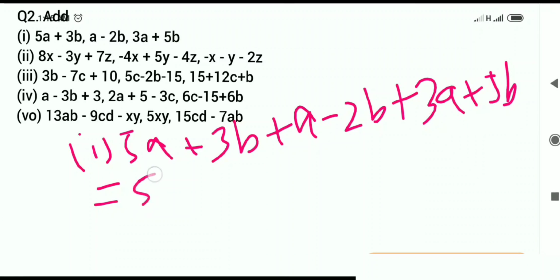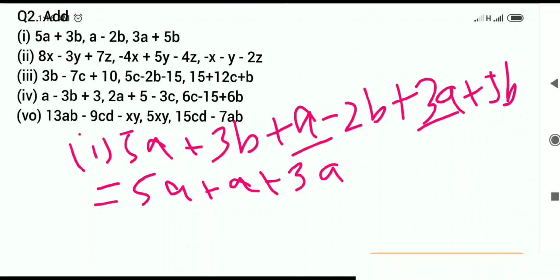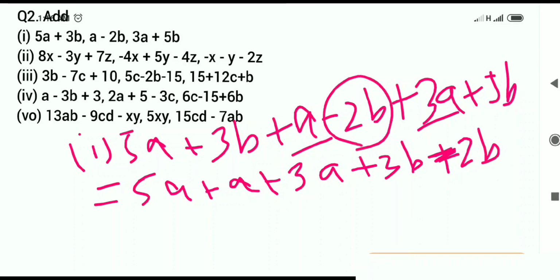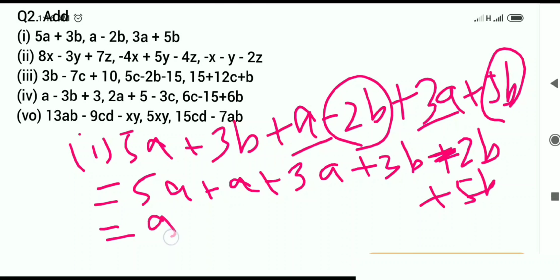This is equal to 5a plus a plus 3a plus 3b plus minus 2b plus 5b, which is equal to 5a plus a is 6a, 6a plus 3 is 9a.